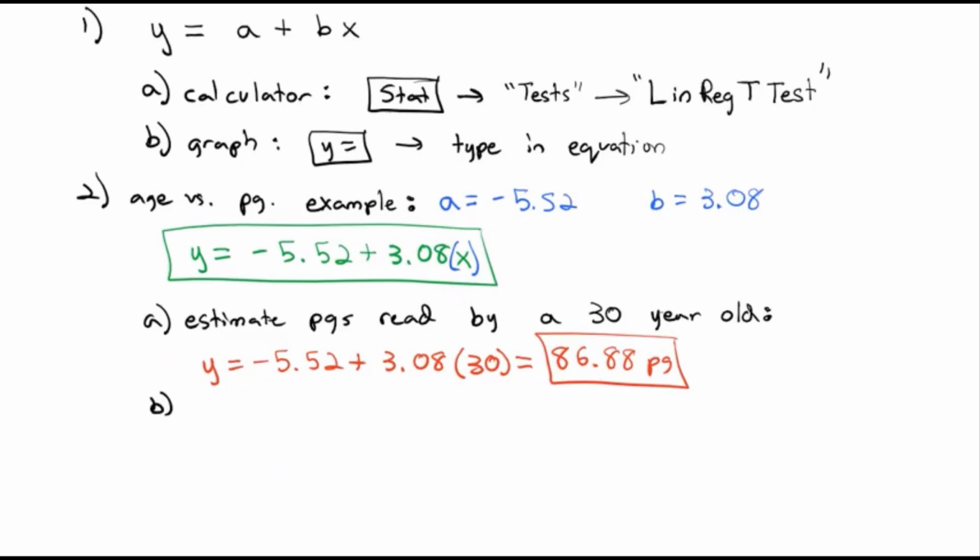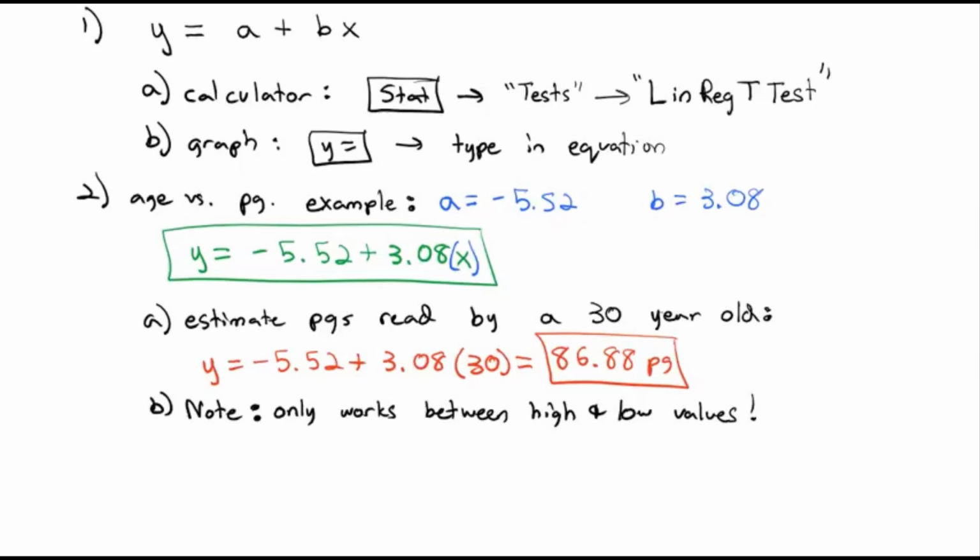One important thing to note about using the regression equation to estimate points is it only works within the domain of the problem. It only works between the high and low values. We can't estimate values outside of that range.